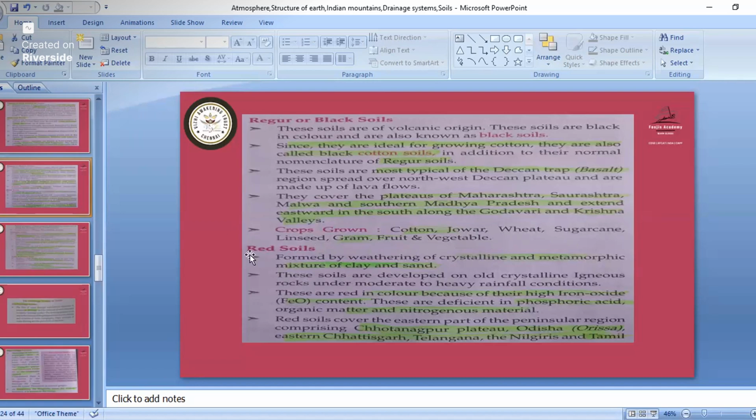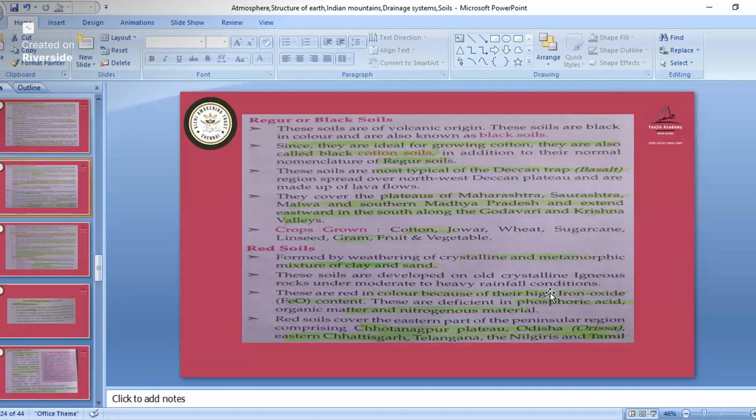Now we will see the red soil. Why is it known as red soil? Because of the presence of high iron oxide in it. It is formed by weathering of crystalline and metamorphic rocks, a mixture of clay and sand. These soils are developed on old crystalline igneous rocks under moderate to heavy rainfall conditions.